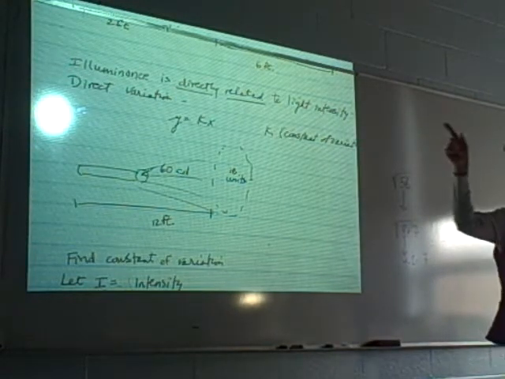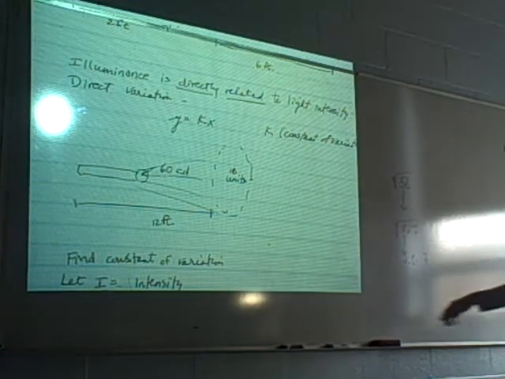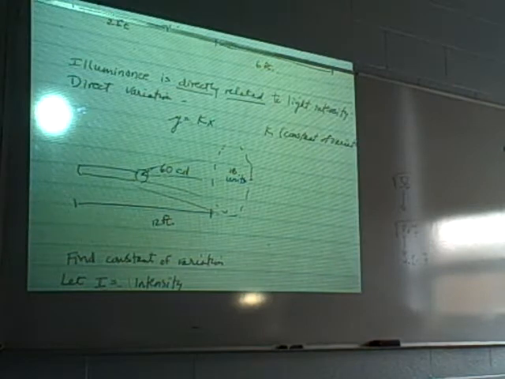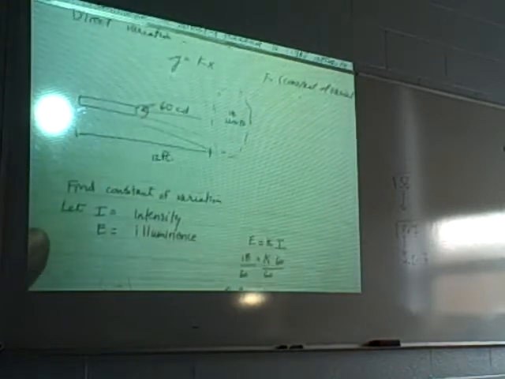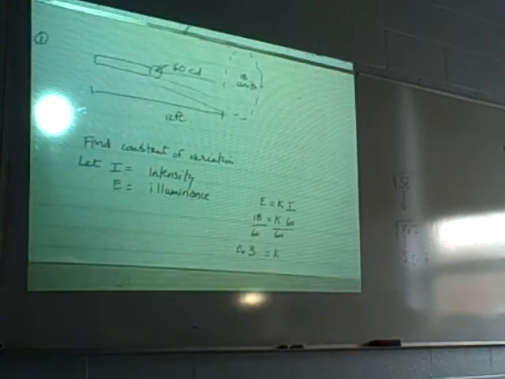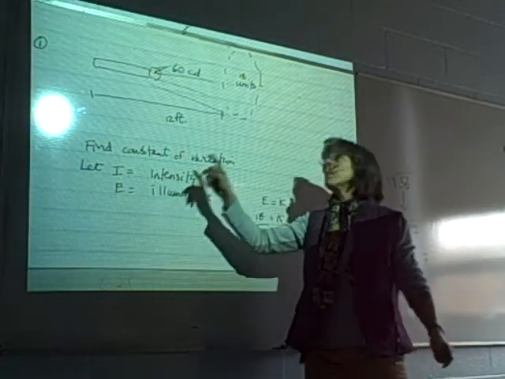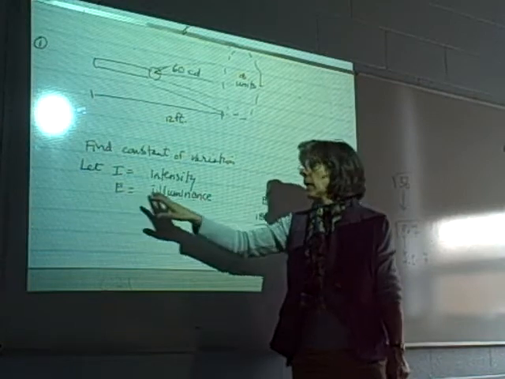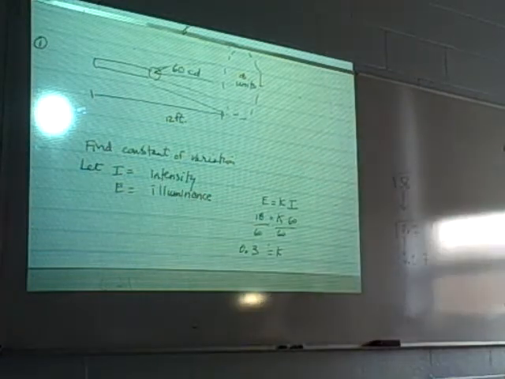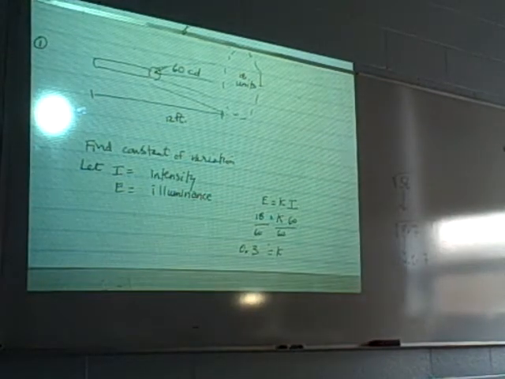I'm going to shift this up a little bit. The word problems that we're going to do are giving us variables. They're just going to say, let I be intensity and E be illumination. So what is dependent on what?